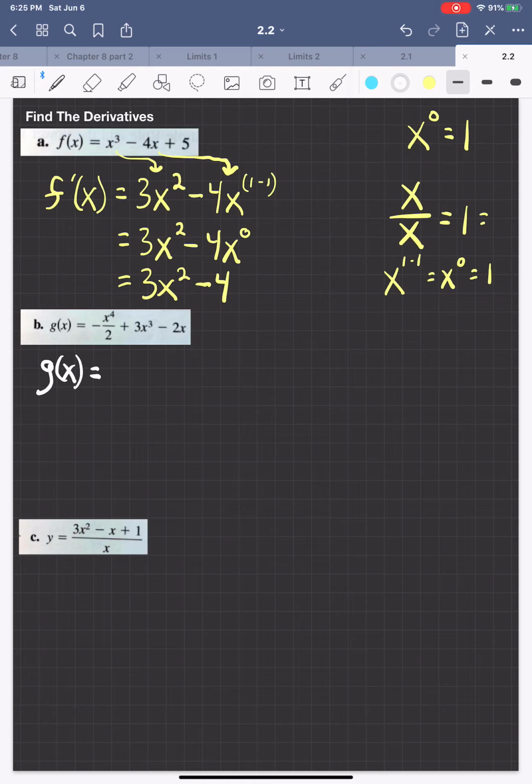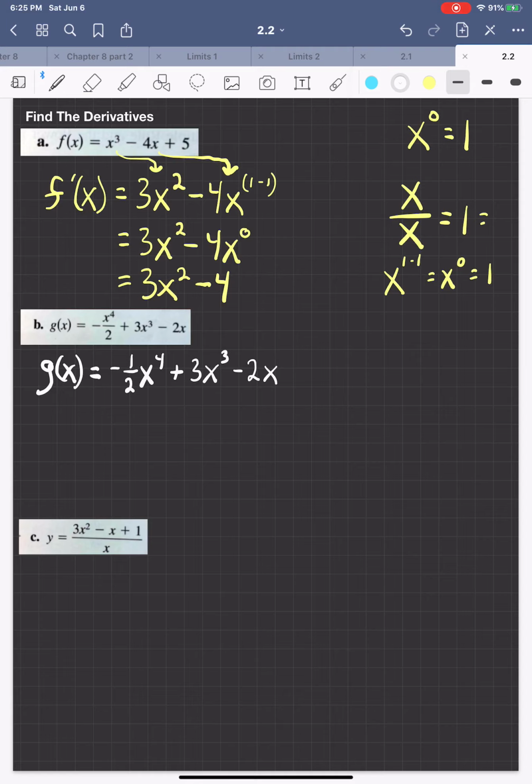So dividing by 2, I can just rewrite this as negative 1/2 of x to the power of 4. In fact, I think you'll be happier if you start thinking about multiplying by a fraction as opposed to dividing. For me, I would rather multiply by a half than divide by 2.